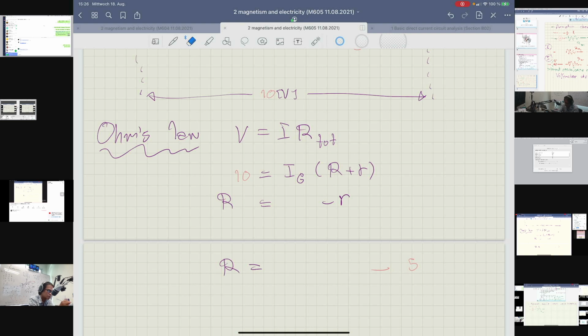It's 10 divided by IG, which is 50 times 10 raised to negative 6.